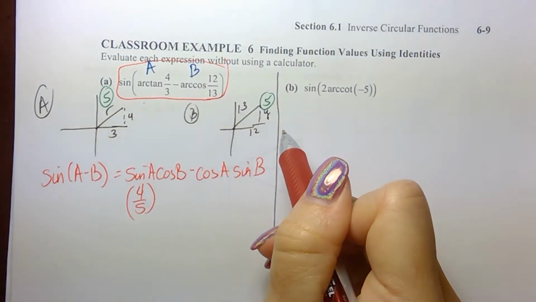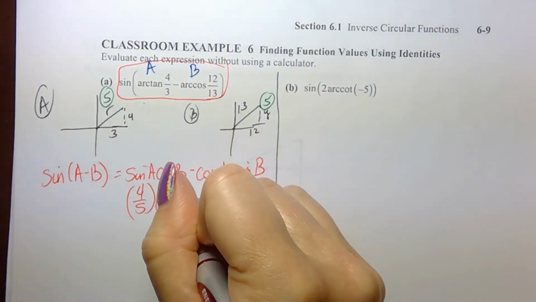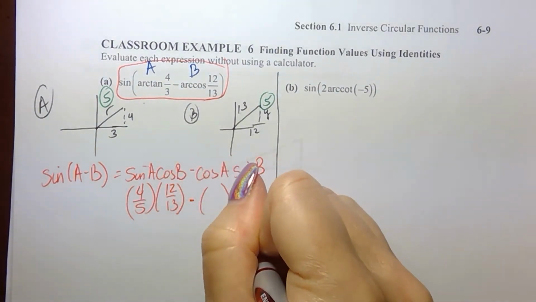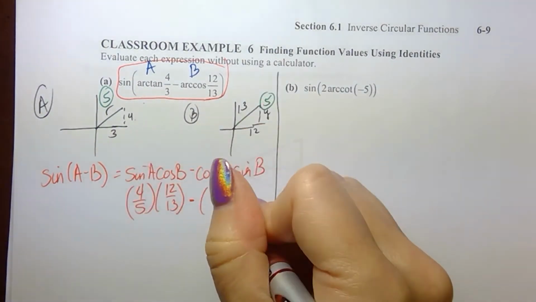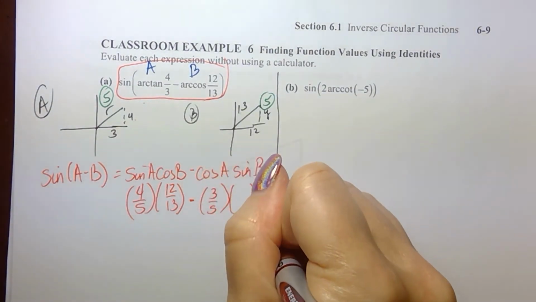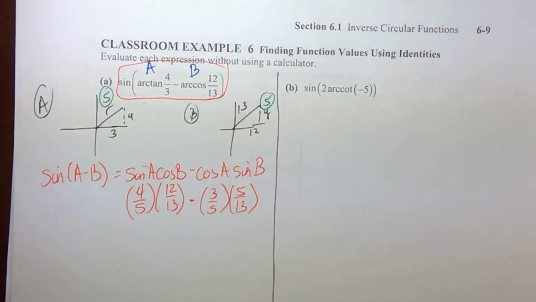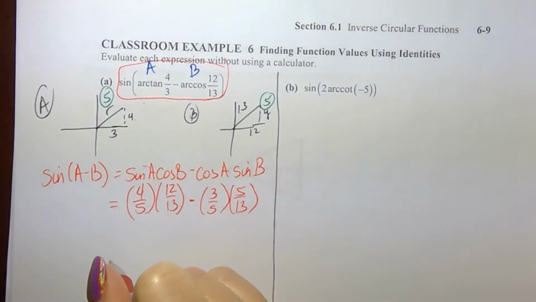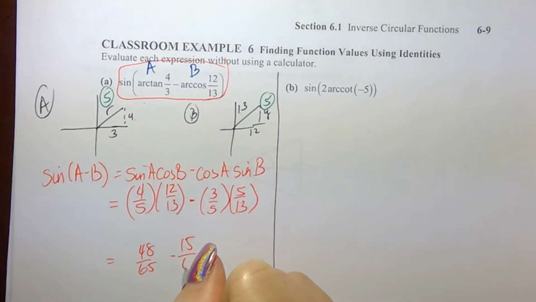Cosine of angle B is 12 over 13. Cosine of angle A is 3 over 5. And sine of angle B is 5 over 13. When I do that arithmetic, I get 48/65 minus 15/65, which is 33/65.